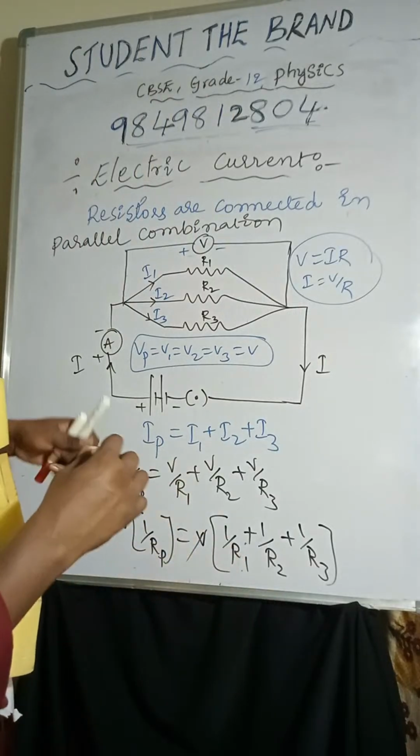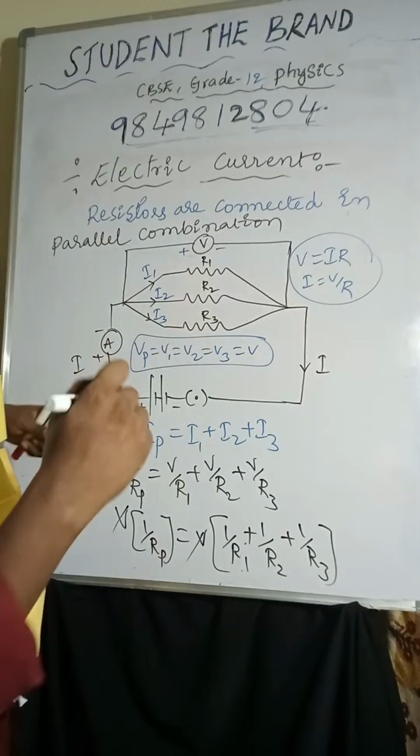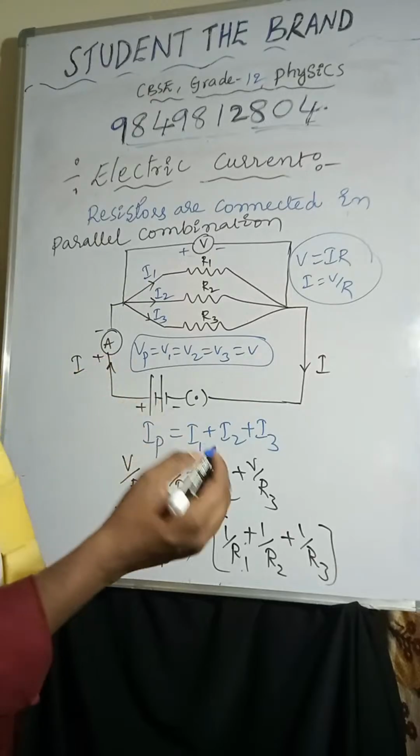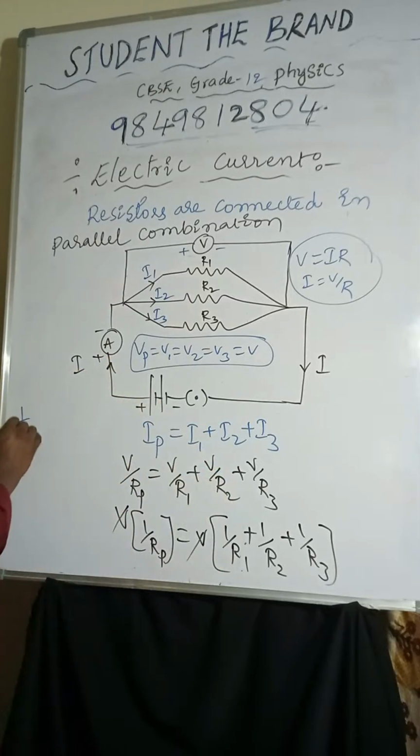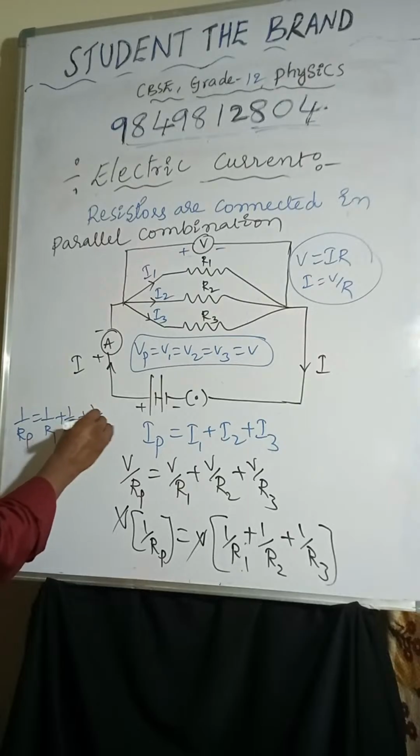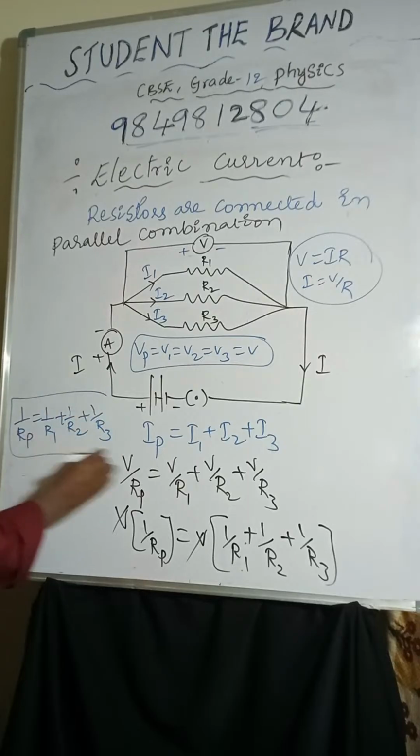1 by Rp equal to 1 by R1 plus 1 by R2 plus 1 by R3. So this is the formula.